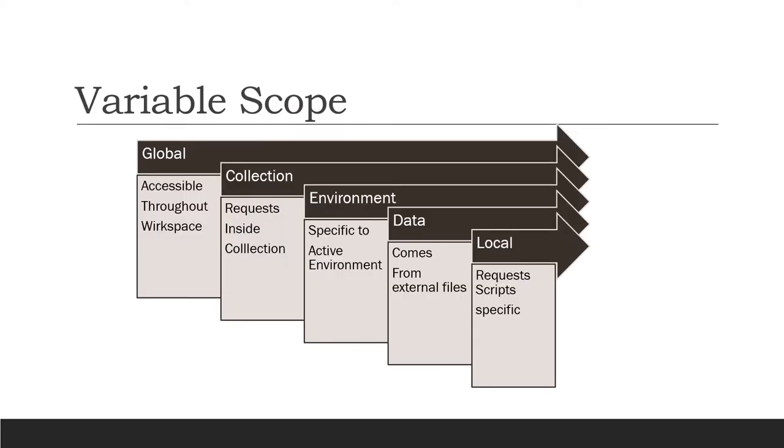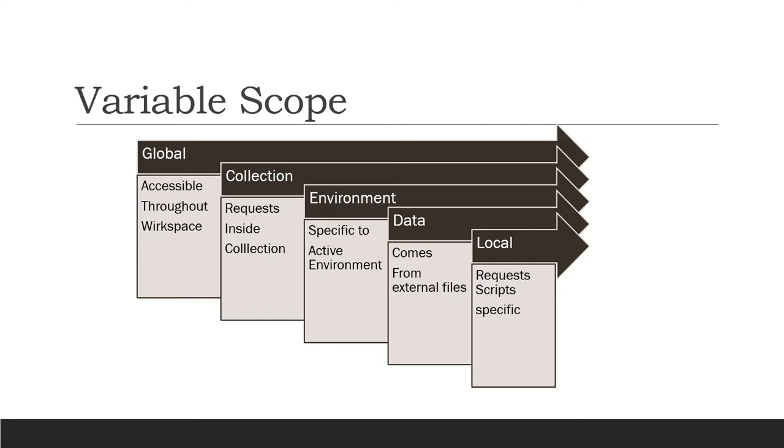So what are the different scopes of variables in Postman? There are global, collection, environment, data, and local. Global variable, as the name suggests, is accessible throughout your workspace. Collection variable is limited to the collection which we created.